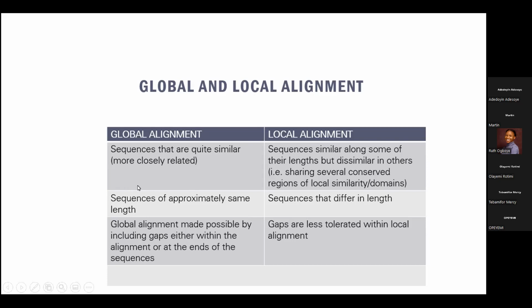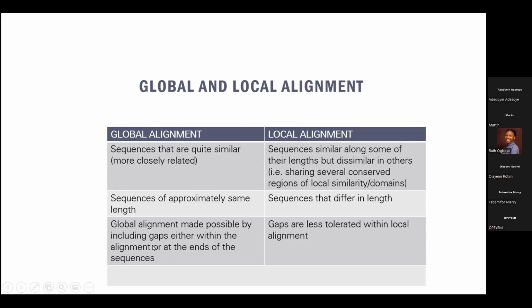Global alignment is used on sequences of approximately the same length. They might not be exactly the same, but they are very close to each other. Most of them are usually the same length. While for local alignment, you have sequences that differ in length. You can have a long sequence and a short sequence.